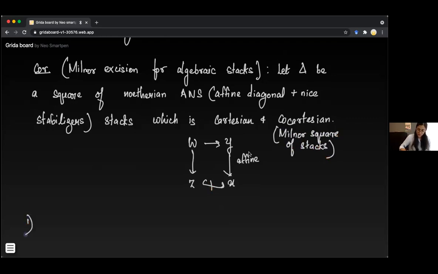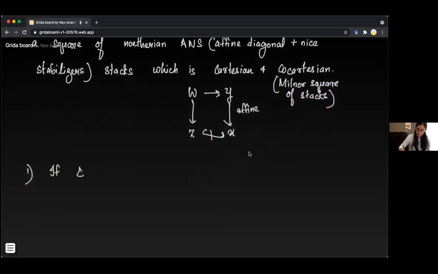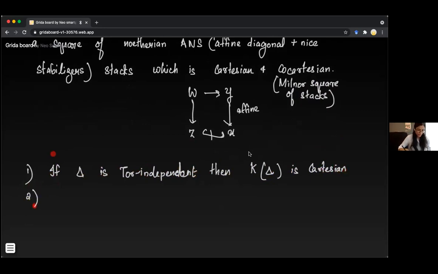And then if the square is Tor independent, then K of delta would be Cartesian. And K of delta is always pro-Cartesian.